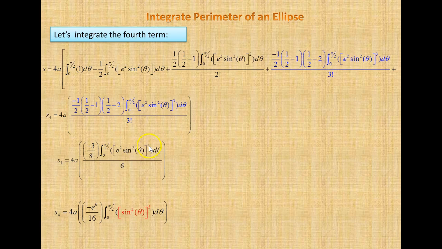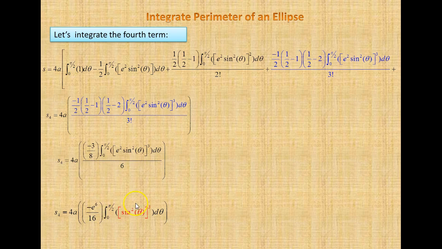What we did was we took e squared and cubed it. So that came out to e to the 6. So that's a minus in the front of that. So that's minus e to the 6. Okay. And 3 goes into 6 2 times. 2 times 8 is 16. That's where that comes from.